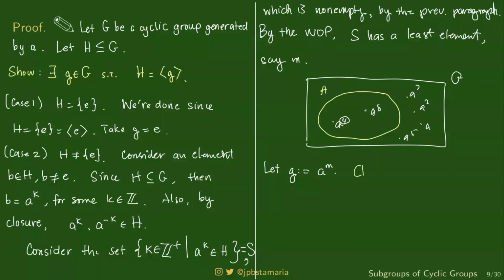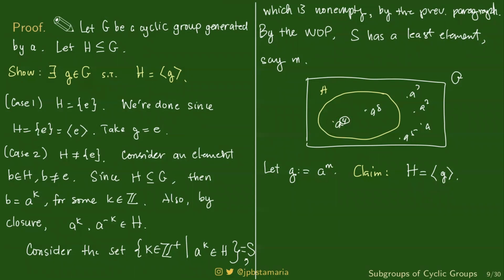Ipapakita ko na yung a to the m na sinasabi ng well-ordering principle na nag-exist, i-generate niya yung H. Kasi remember, ang ating goal ay maghanap ng element ng group na mag-generate sa subgroup na H. Ang aking hinala, ang mag-generate sa H ay yung a to the m, where m is the smallest positive integer so that a to the m is in H. In short, kung sino yung kauna-unahang positive power ng a na makakapasok sa H, siya yung mag-generate kay H. Yun yung aking hula, so ito na yung aking ipoprove.